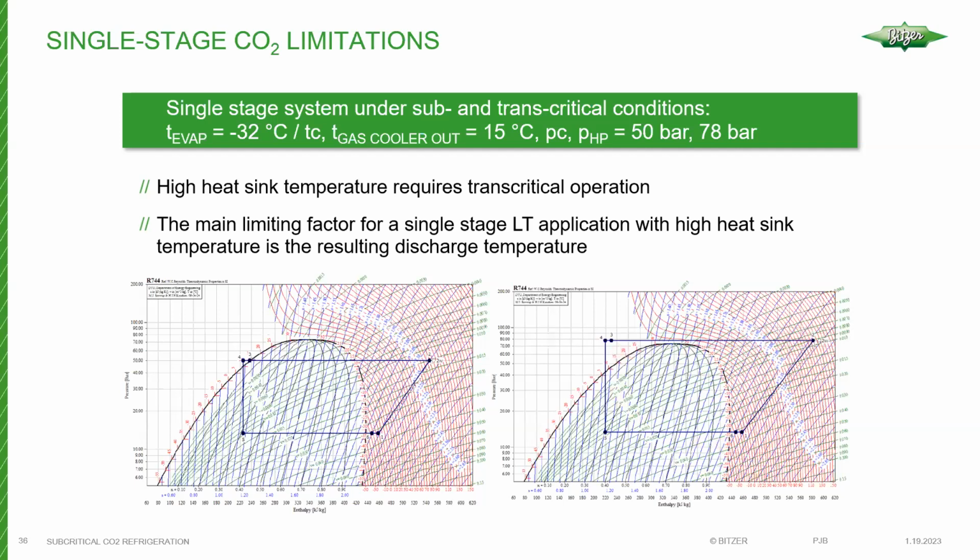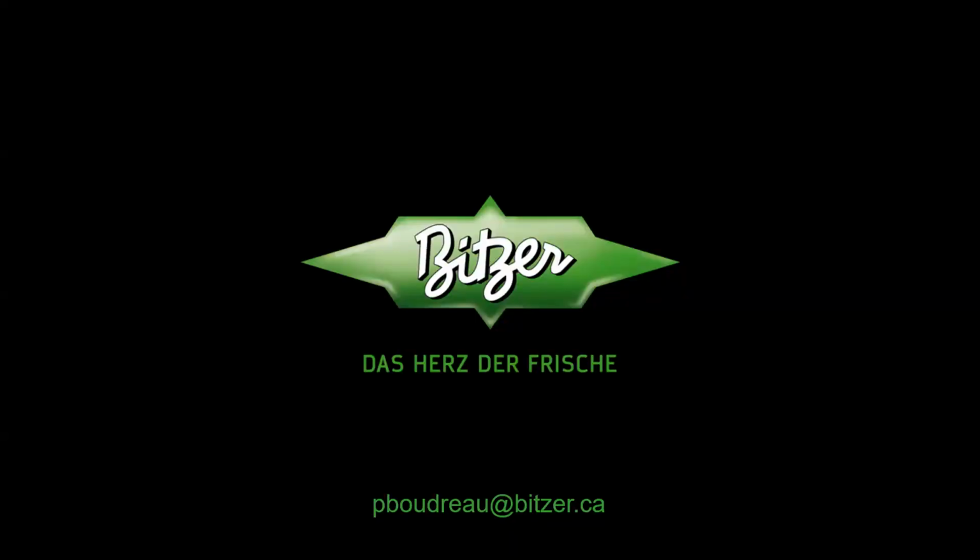And to do this with a single compressor is going to result in very high discharge temperatures. And this is of concern. So we do have to be aware of this, but this is our segue into transcritical refrigeration and booster systems and some other configurations that we'll talk about on the 16th of February.